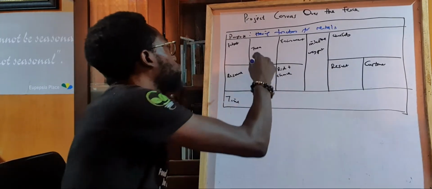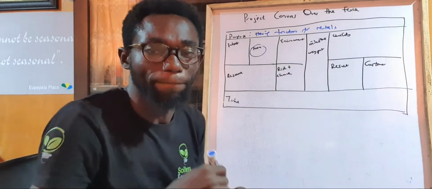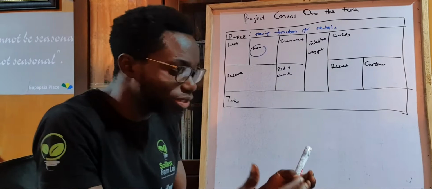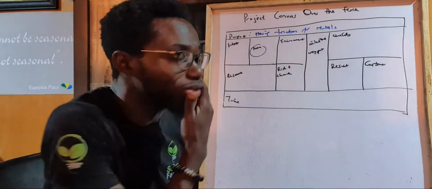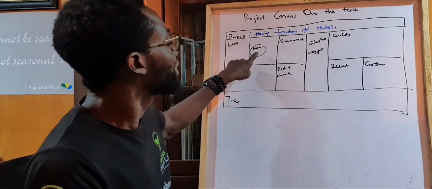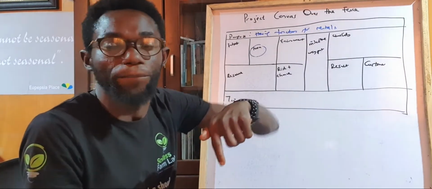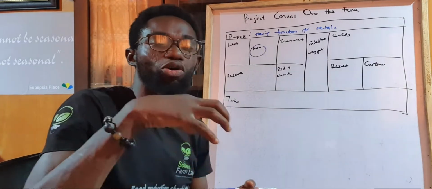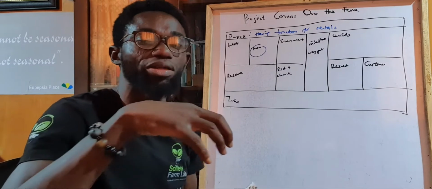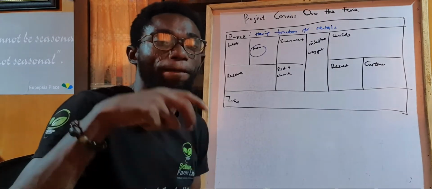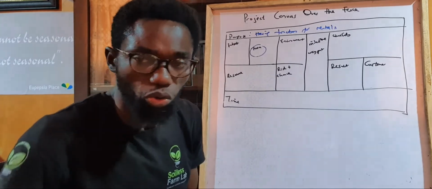Next is, who makes up the team? What makes up the core team? What makes up the extended team? Your core team, remember, is the team that actually gets this job done. But you do not need only your core team to get the job done. There are some other people who may not be part of your core team, but they are needed in the process of achieving your goal.